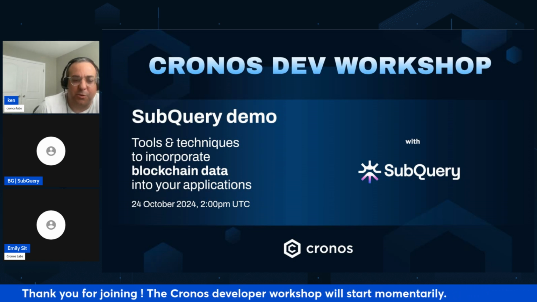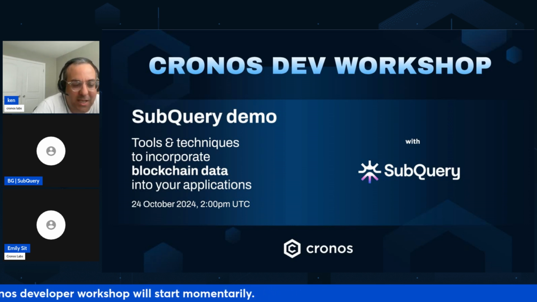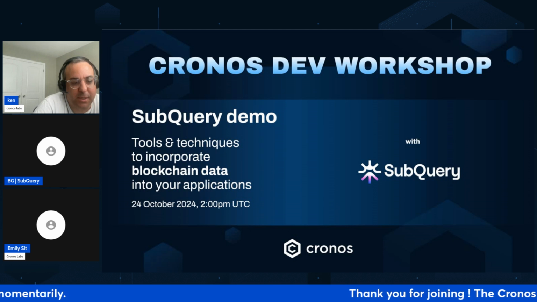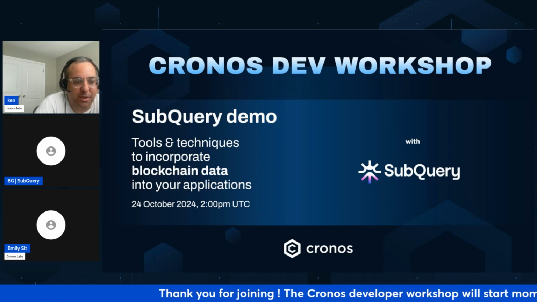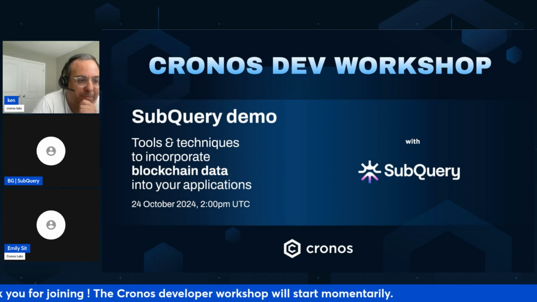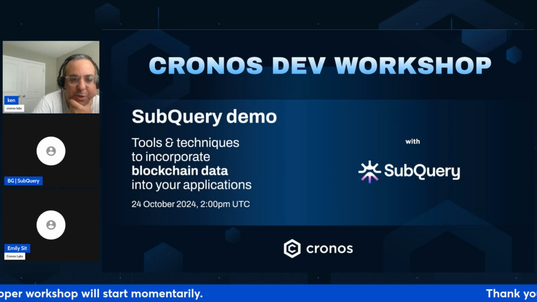Cronos as an ecosystem consists of 3 chains. The latest one, Cronos zkEVM, is a layer 2 on top of Ethereum, powered by zkSync technology, launched in August, so very recently, and already showing $50 million of bridged assets from Ethereum.